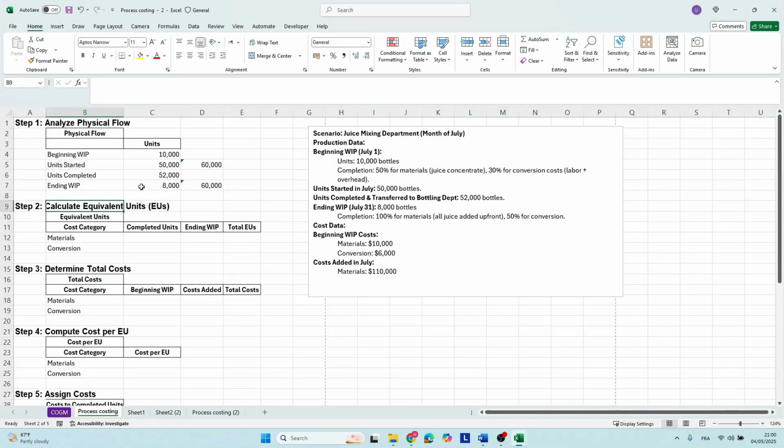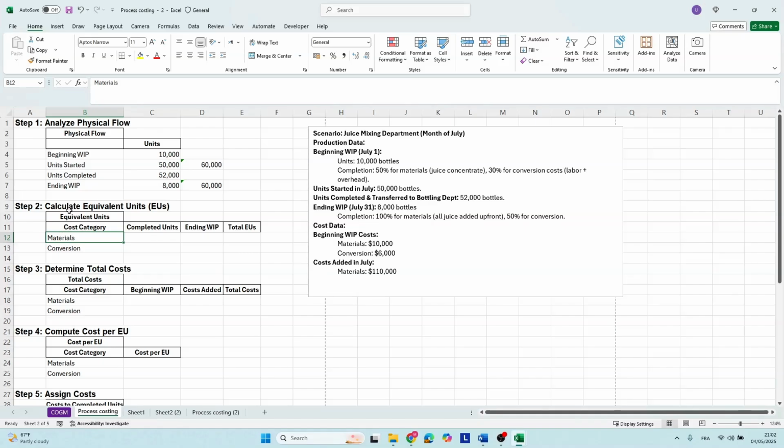Step number 2, we need to calculate equivalent units. This table includes the cost categories: we have materials and conversions, which include labor and overhead. Here we have units completed, here we have ending work in progress, and the total of equivalent units.